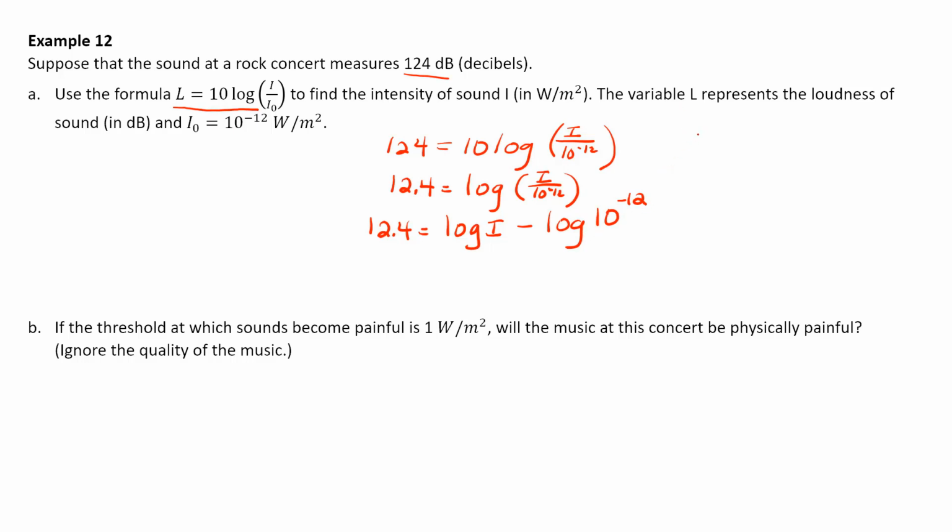Another way to think about it is if you use the power rule for logs, you can put that negative 12 in front of log of 10, and the log of 10 is just 1, because you're asking what power do you put on 10 to get 10, and that is 1. So negative 12 is what this is going to equal.